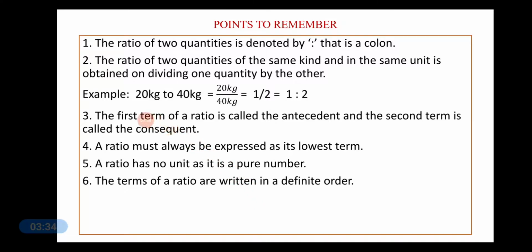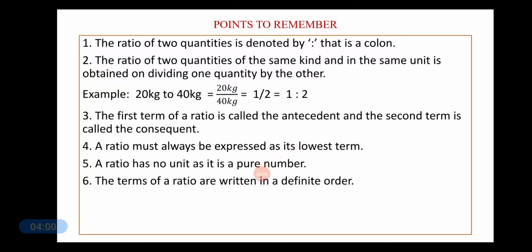For example, 20 kg is to 40 kg. We can simply write it in the fractional form 20 kg by 40 kg, the units will cut off, and 2 and 4 will cut off and you'll get 1 by 2. That is 1 is to 2 is your ratio.